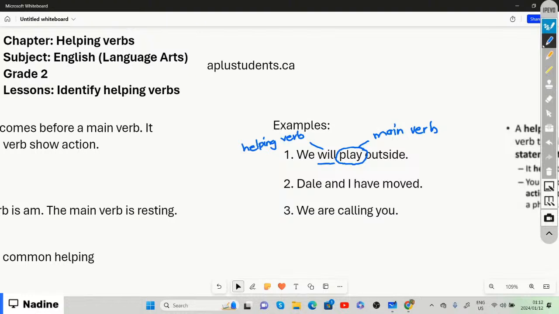Which means that we will play outside. Will is our helping verb, whereas play is our main verb, which means that will helps the main verb, which is play, to show action within that sentence.